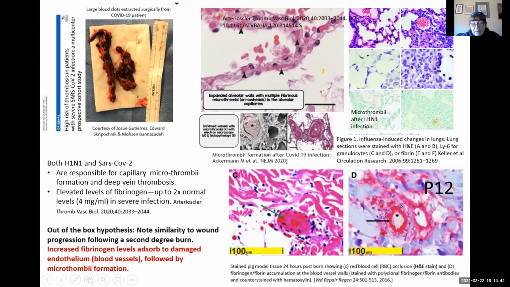So the capillary on the bottom forms lots of red blood cell clots as soon as there is injury to the capillaries from the 2nd degree burn. In the absence of anything, microthrombi form, you get necrosis and the wound progresses. With the addition of P12, it prevents the microthrombi from forming. It doesn't prevent the fibrinogen, which is red and stained, but it prevents microthrombi formation.